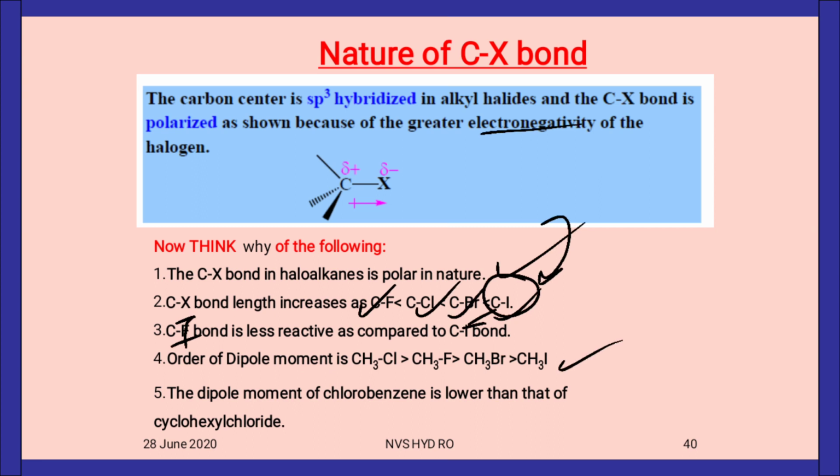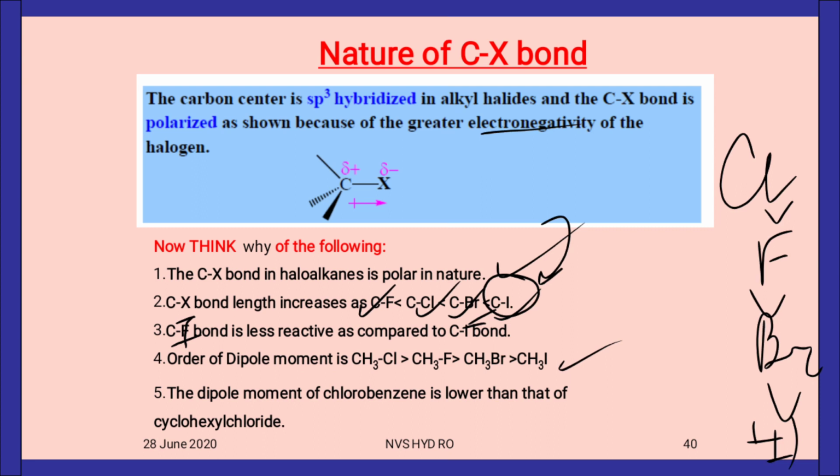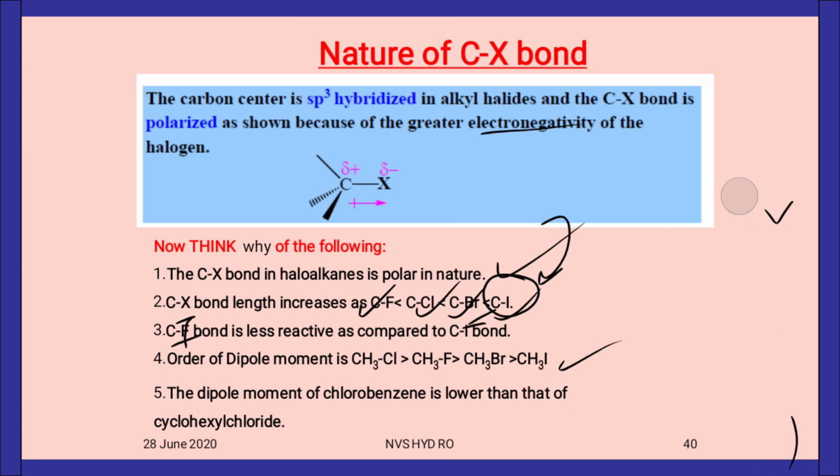If I'm talking about the order of dipole moment, you can clearly see chlorine having maximum dipole moment, after that fluorine, after that bromine, and in the end it would be your iodine, right? Is it clear?